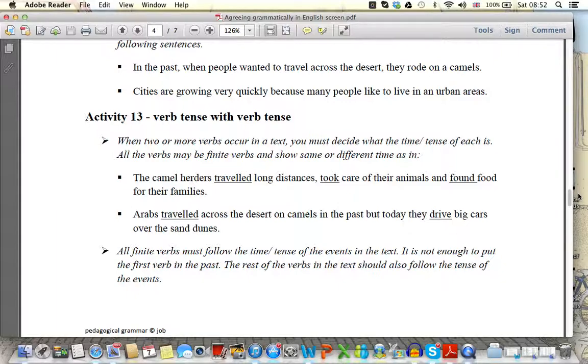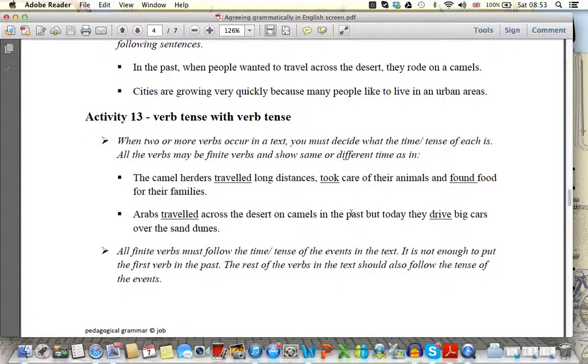In English, we have much stricter rules about the past tense. So here, if we are talking about a number of activities that happened in the past, it is not enough to just put the first verb in the past. The other verbs, for example, traveled, took, found, should all be in the past verb form, as they are all referring to events that happened in the past.